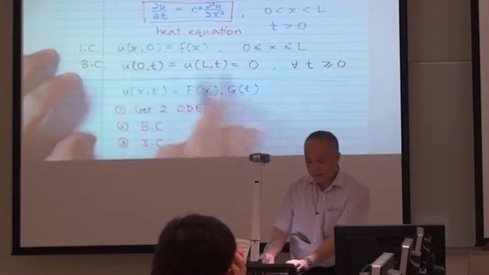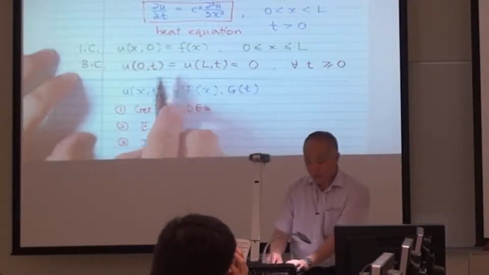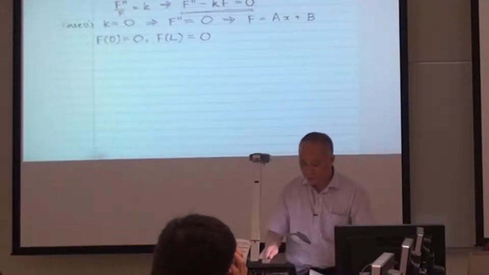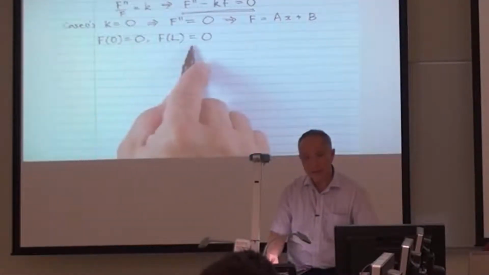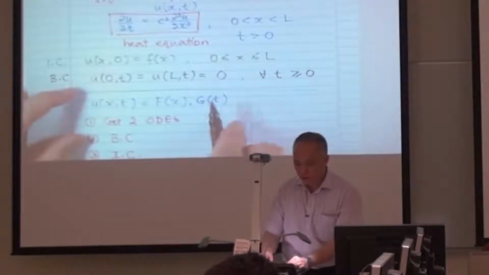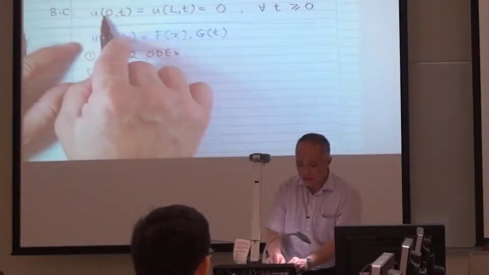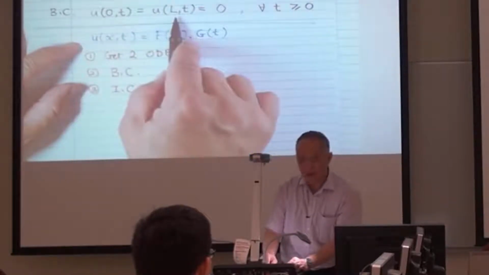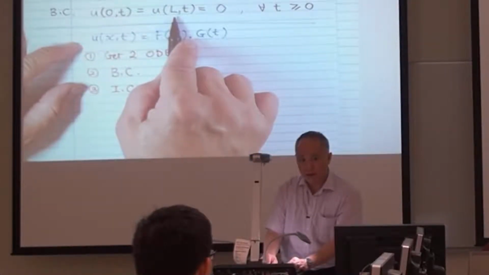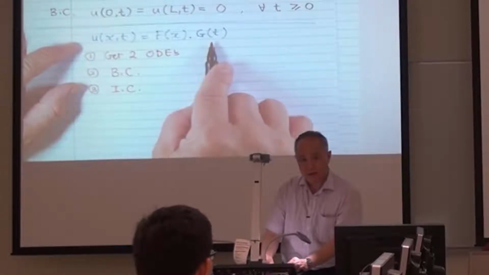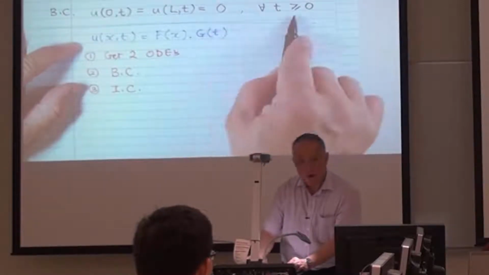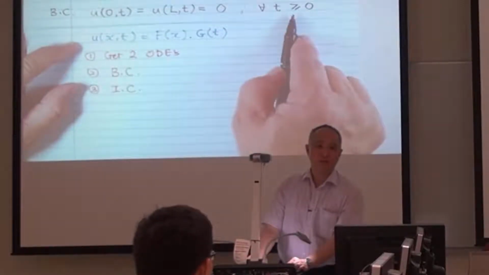Which means that we now substitute this inside here, and in order not to get a trivial solution, because at s equals 0 and s equals L, either this equals 0 or this equals 0. If this is equal to 0, then for all t you will get a trivial solution.